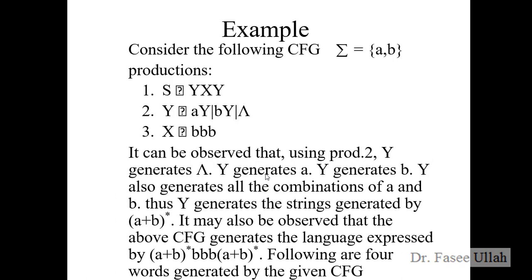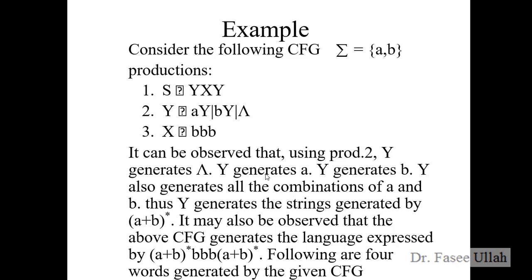we have an example over here for context free grammar with the input values a and b. So we have such production rules, that is 1, 2, 3. In 1 we have the non-terminal S is equal to, and we can also represent that with a question symbol as well. Okay, that's optional.